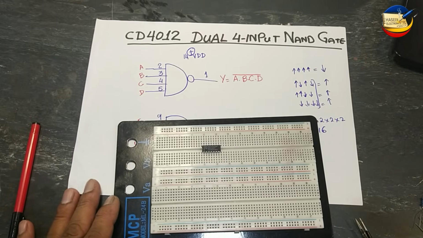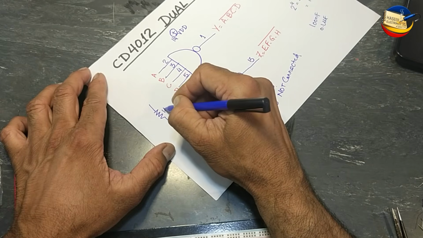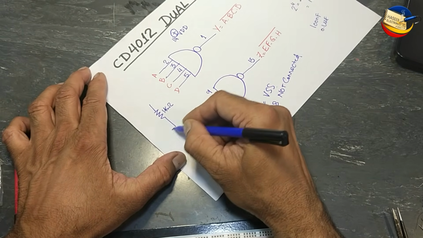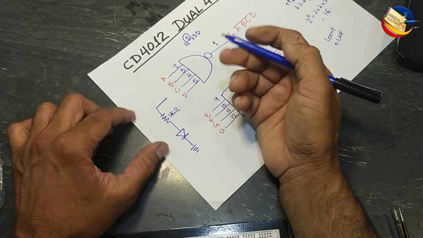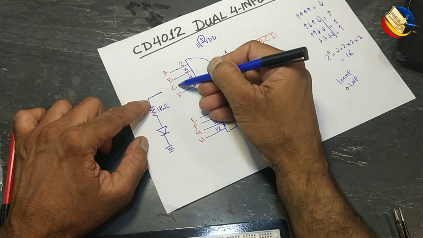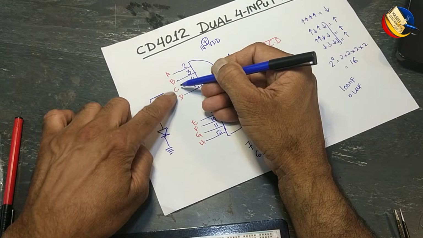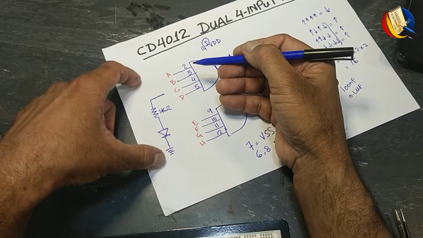To indicate the inputs and output, we will connect 1 kilo ohm resistor with LED. We will prepare 4 sets of this combination. This point will be connected to one input, second set to the second input, third to the third, fourth, 4 sets.